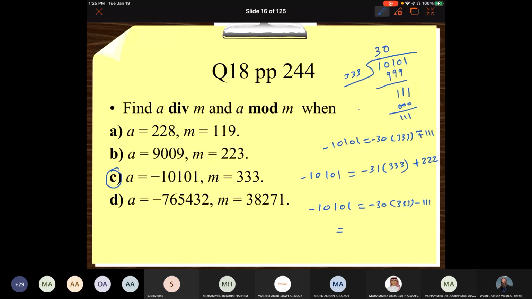Yeah, subtract 333 so it becomes minus 31 instead of minus 30, صح? And add 333 to the other term. واضح؟ واضح. Subtract 333. Yes. So I subtracted 333 here and I added 333 here. So I did not change the equation. I got it. تمام. طيب.